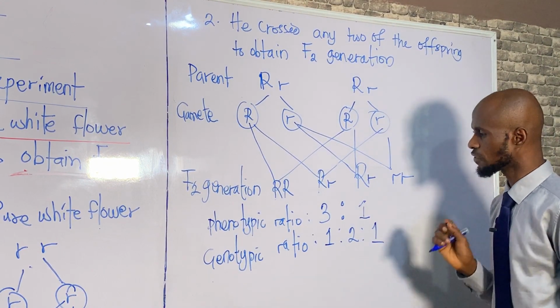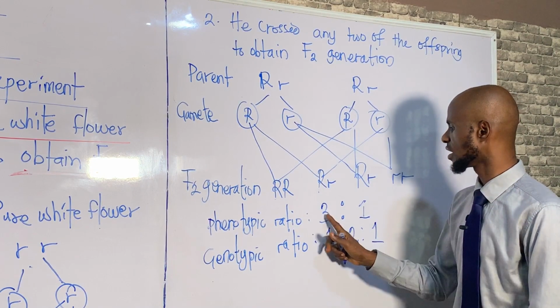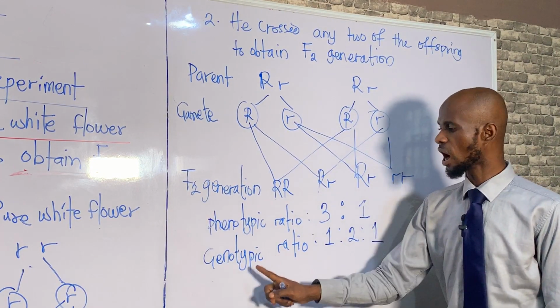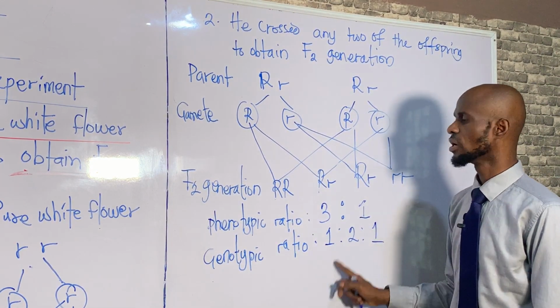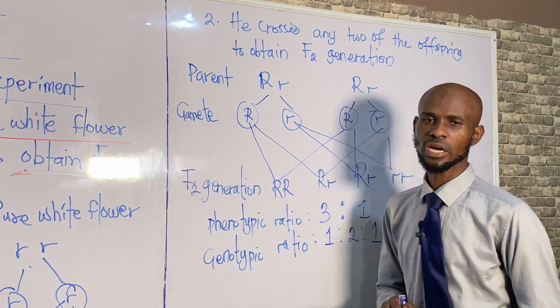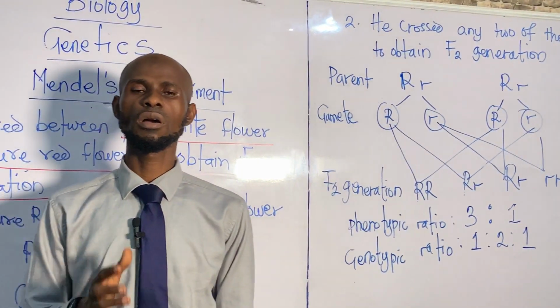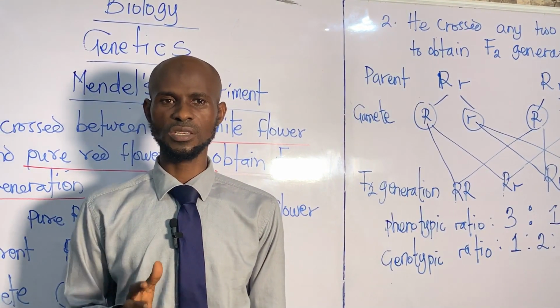So the phenotypic ratio of the F2 generation in Mendel's experiment is 3:1, while the genotypic ratio is 1:2:1. We're going to end our class today, and we're going to continue with the Mendelian law of genetics in the next class. Goodbye.